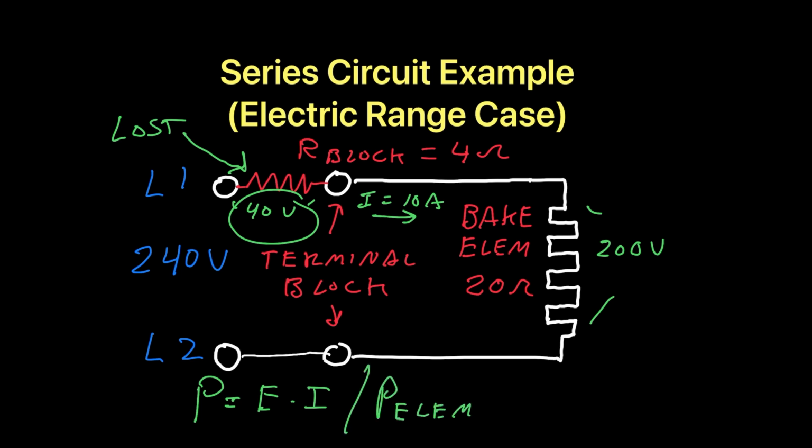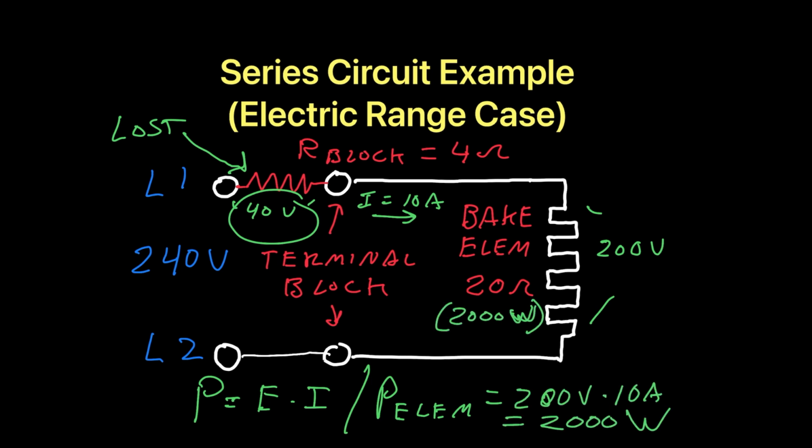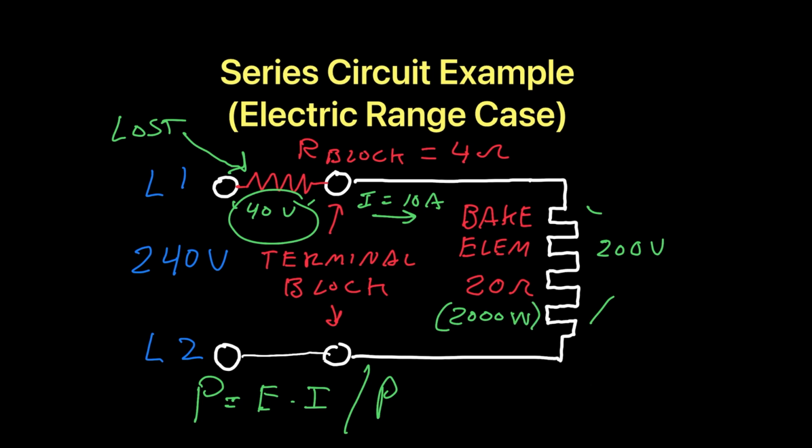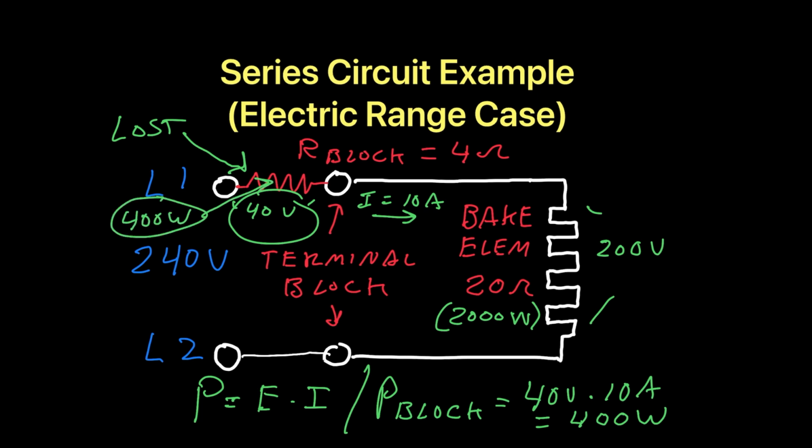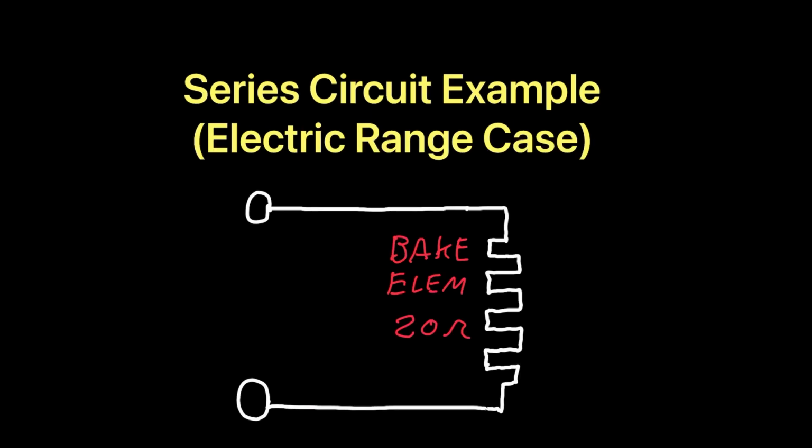Thus, the power output of the element is 200 volts times 10 amps, or 2000 watts. Power output of the terminal block's loose connection, or the heat output of that loose connection, is 40 volts times 10 amps, or 400 watts, which actually amounts to a lot of heat output for a terminal block. Thus, the output power of the element is significantly less than normal.